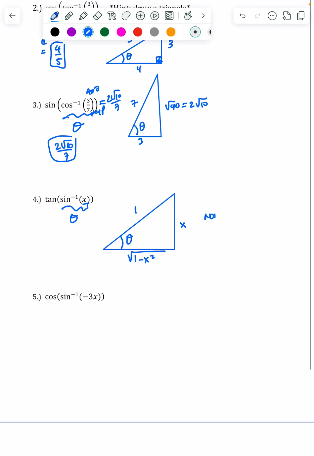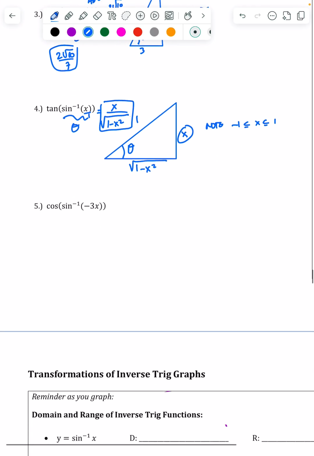And note that x is between negative 1 and 1 here. If it's up, it's going to be positive. So tangent is opposite over adjacent, which is just x over root of 1 minus x squared.